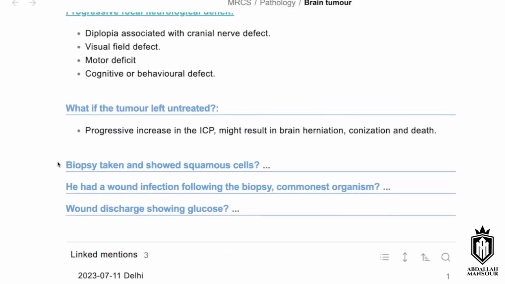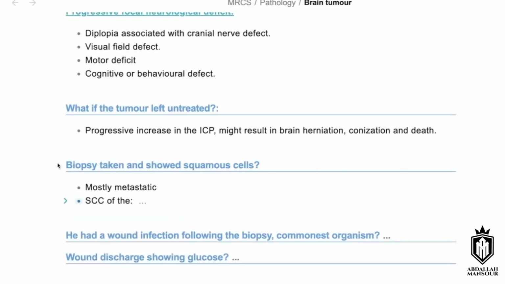Bottom line, the biopsy was taken and it showed some squamous cells. What could be the origin of this tumor if it has squamous cells in it? As you said, it might be secondary, that is metastatic squamous cell carcinoma. Coming from which organ?